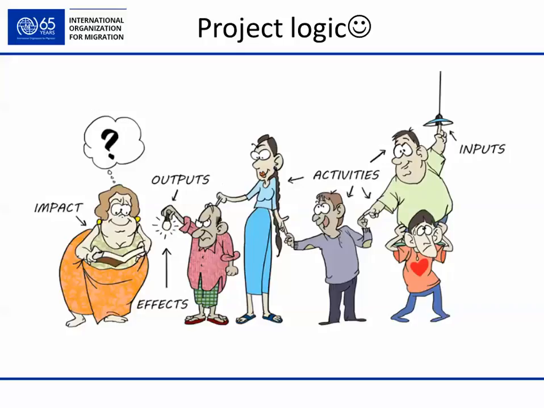This is a cartoon about project logic. Again, we have inputs, activities, outputs, effects, and impact. Inputs, we see that this guy puts his fingers in the power line, and probably it comes through this chain of people, and people are probably shaking. At least not all of them are smiling. Anyway, as the result, we have output. We have light.